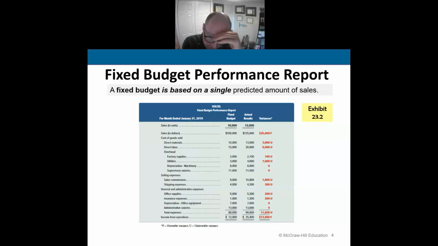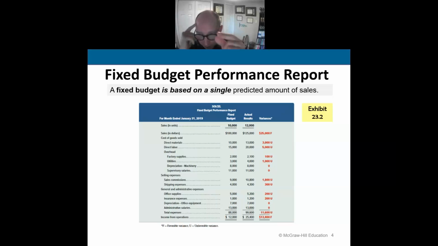I also have more expenses, more supplies, more insurance, etc. You can see the variance. If you look at this variance, you got your budget compared to your actual. The difference is called the variance. That's what the word variance means. It means the difference between. So I'm looking at the difference between the budget and the actual performance.